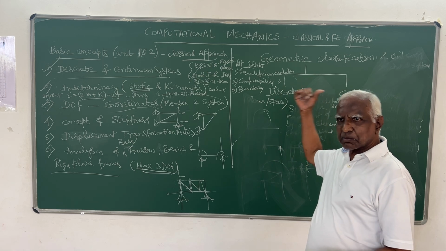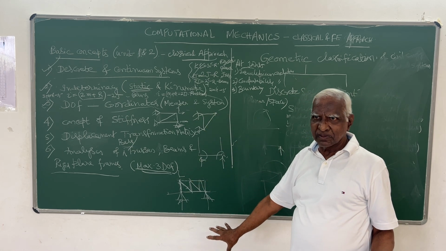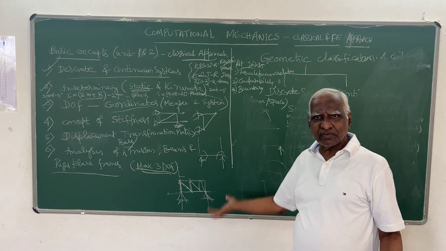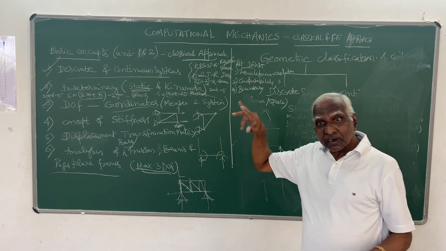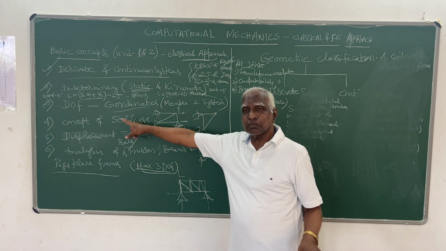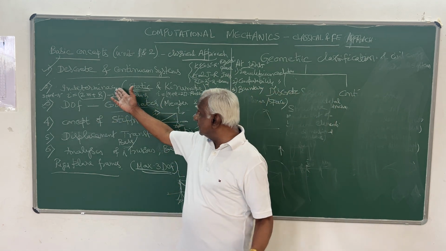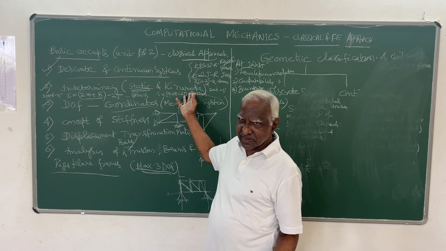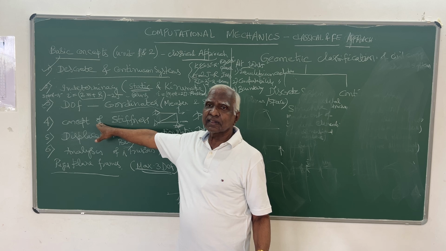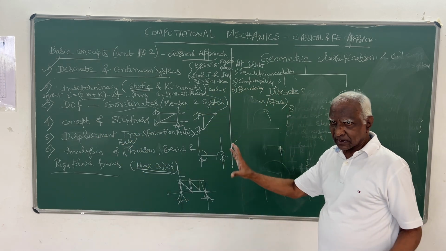Whatever direction of displacement, we can resolve into these for analysis purpose. Always. After that, some will be happening, some will not be happening. So, whatever actually happens, that corresponds to our degrees of freedom. Otherwise, in general static indeterminacy, kinematic indeterminacy, whichever happens, that is degrees of freedom. That we have to ascertain clearly.